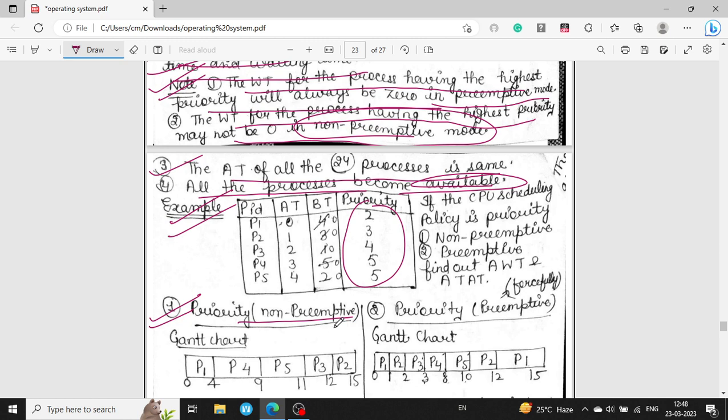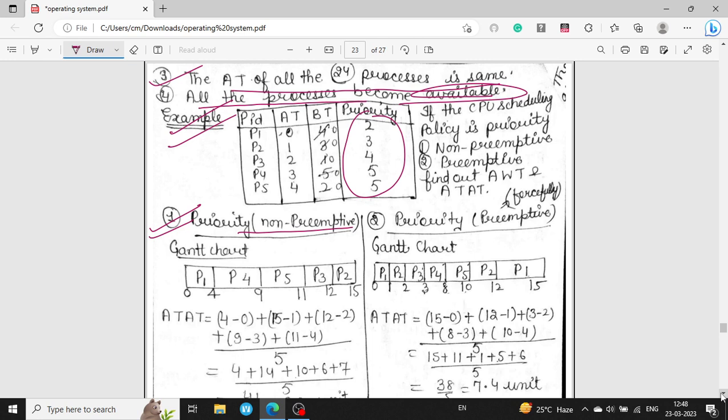You can see both of the Gantt chart. What are the differences between priority with preemptive Gantt chart? In priority with the non-preemptive mode, first of all, when P1 arrived at 0 second, it uses CPU for 4 seconds. It takes whole time, and when it completes its task, then it releases the CPU.